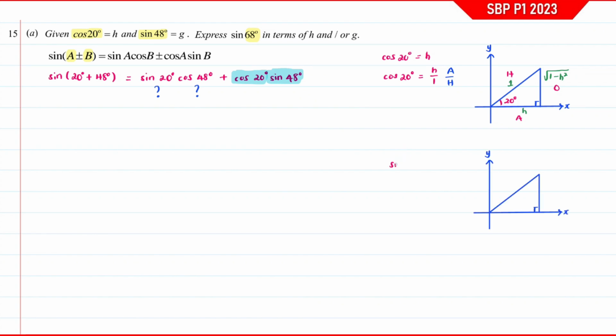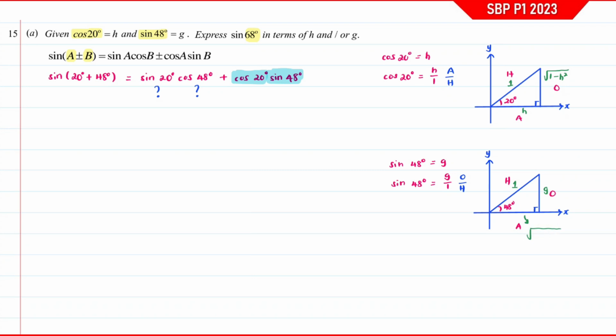As for the sin 48 degrees, which is equal to g, we can also write this as sin 48 degrees equal to g over 1. So sin is the opposite side over the hypotenuse. So here will be the 48 degrees. Again, this is the O, A, and H. So here the opposite will be g, the hypotenuse is 1. And for the adjacent, we can find it through the Pythagoras theorem.